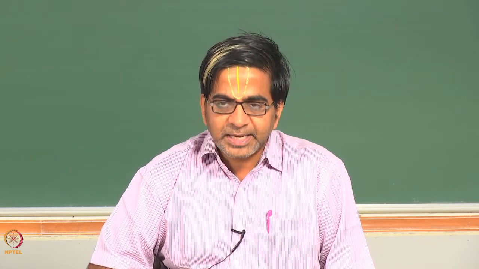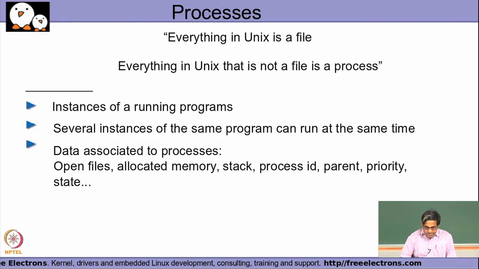Then there is the parent process, the priority of the process, and the current state of the process, like whether it is sleeping, running, waiting for IO to complete, or in a zombie state. All those kinds of data are associated with each and every process running in the system.